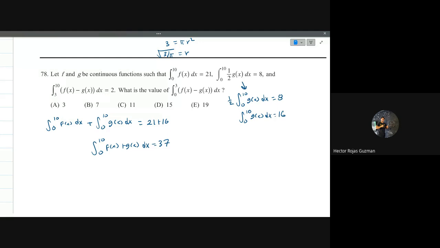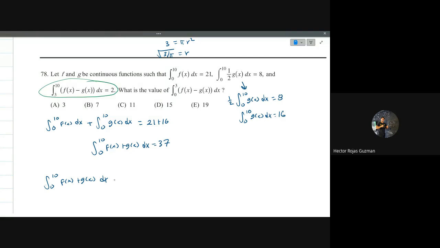Okay. So now right here, I'm going to go ahead and take this current integral that we have, the integral from 0 to 10 of f of x plus g of x dx. And I'm going to take this other integral that's given to us, and I'm going to go ahead and flip that.